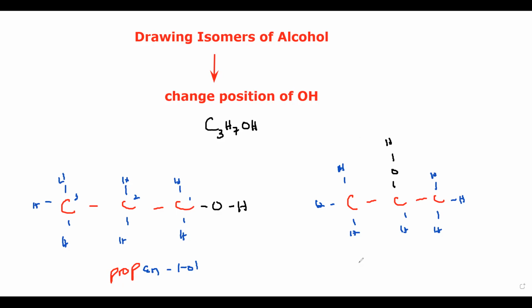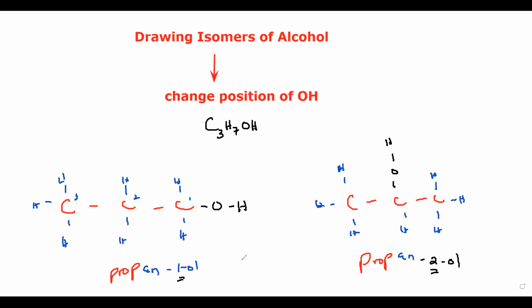Because of 3 carbons, we call that prop. They have a single bond between them, so we call that an. The OH now is attached not with the first carbon, it is attached with the second carbon, so we'll say propan-2-ol. 2 is representing the position of OH. So propan-1-ol and propan-2-ol are the isomers of each other because we change the position of OH.